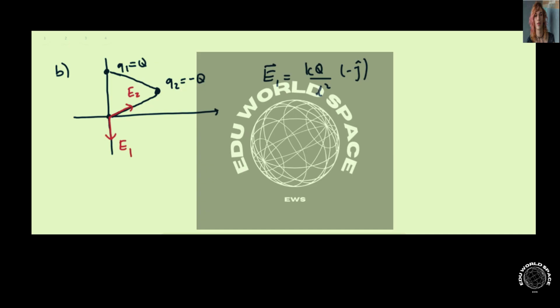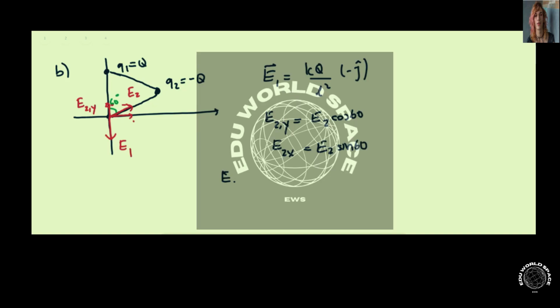Again, we're going to do pretty much the same thing. This angle is 60 degrees. So if we're looking for the y component of this E2, E2y, then let's write it down. E2y equals E2 cosine 60, right? And E2x is going to be equal to E2 sine 60, right?